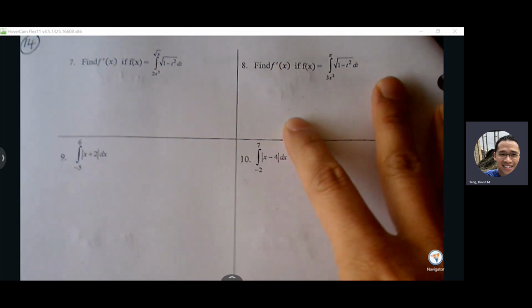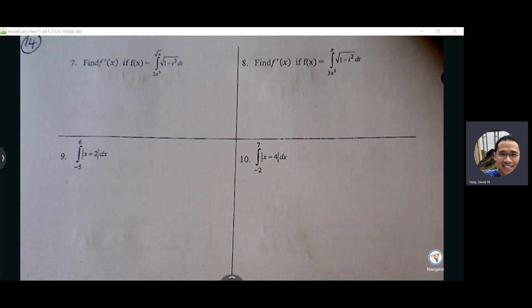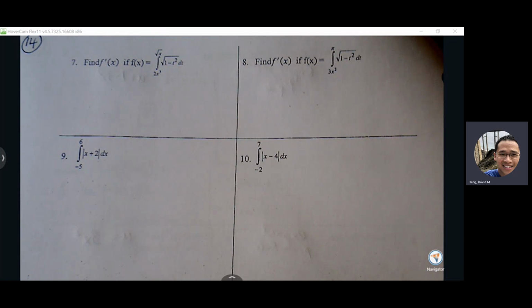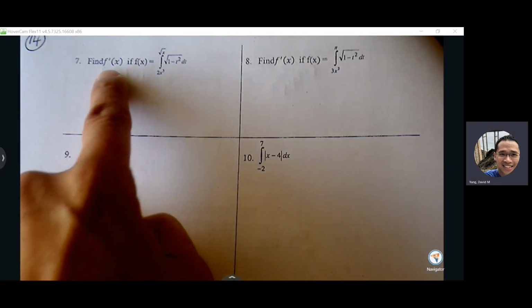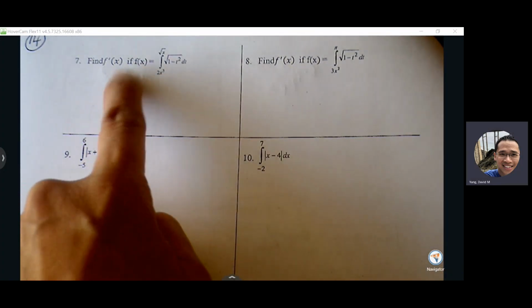Okay, let me just give some highlights for each of the problems, and then we'll go back and look at the details. Okay, so page 14, number 7 and 8. These are both procedures involving what? It's asking for the derivative of an integral.